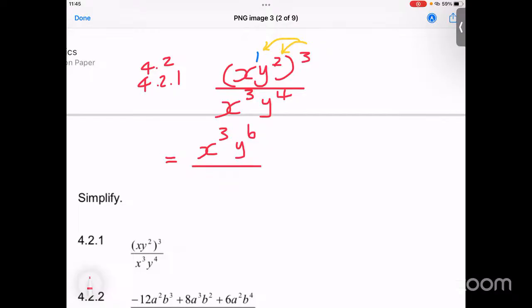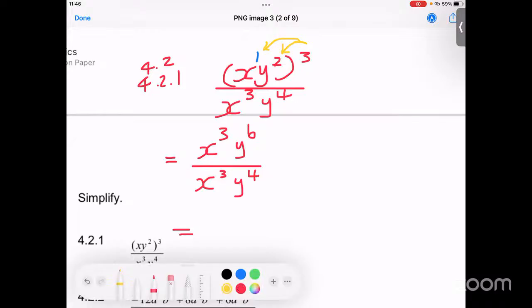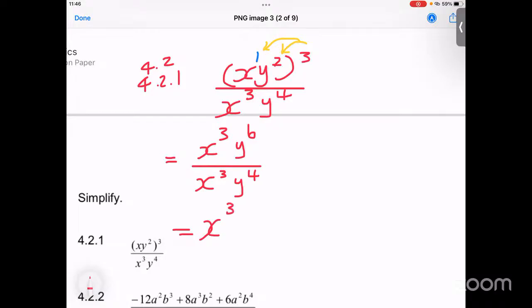And this is dividing. You already have x to the exponent of 3, then you have y to the exponent of 4. You are allowed to already cancel these two because they are exactly the same. But if you want to show them canceling mathematically by using the laws of exponents, you have that x to the exponent of 3 at the top, and you take this one at the bottom.